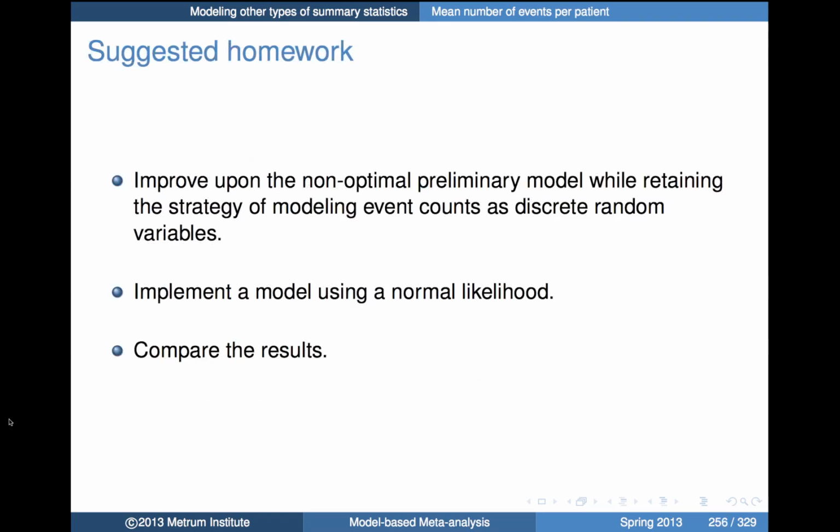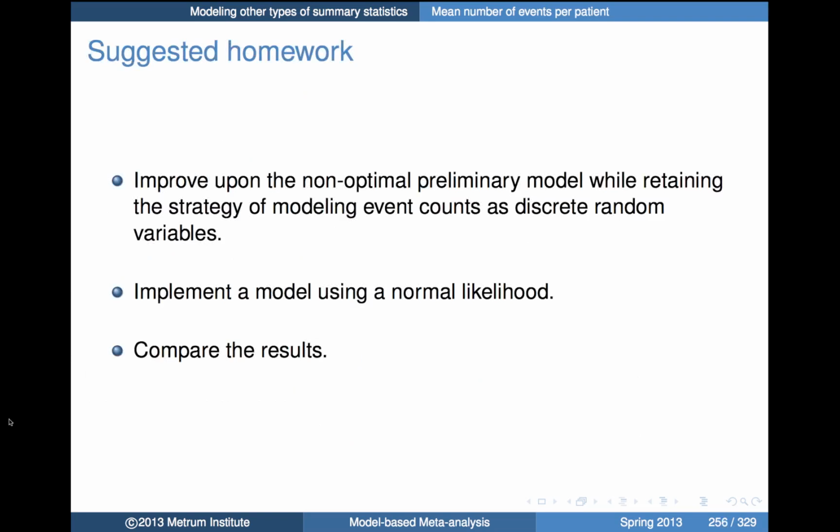That leads me to what I'd like to suggest for homework. I'm going to add a component, given the comments I just made about the binomial. We could look at 3 possible directions. These are of course not required homework, so you can take on whatever component of it that you want. As a starting point, improve upon my somewhat non-optimal preliminary model, while still retaining that strategy of modeling the event counts as discrete random variables, in terms of a Poisson-based model.